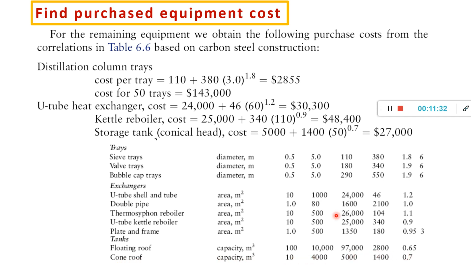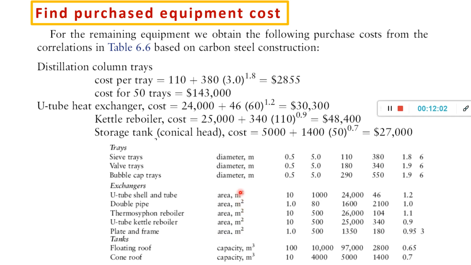So the same thing: we do 5,000 plus 1,400 times the capacity in meter cubic, to the power of 0.7. Let's say the storage tank is given to you in a different unit, for example liter or milliliter. What you need to do is convert to meter cubic. Whatever units are not tallying with the list, you need to convert first.